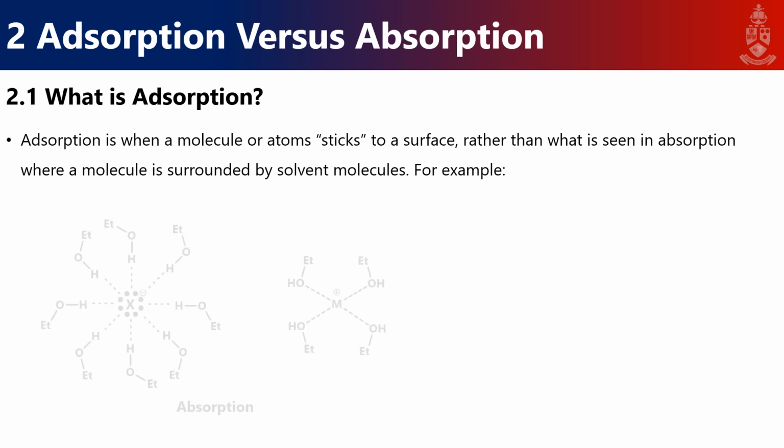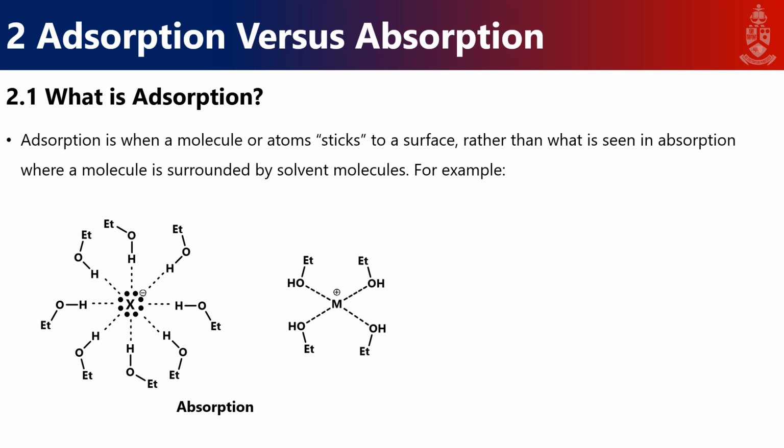In absorption, you usually have a molecule, atom, ion, for example an X ion or a metal ion, which is absorbed in or solvated in some sort of solvent molecule. So basically, it moves in between the layers of the substance.